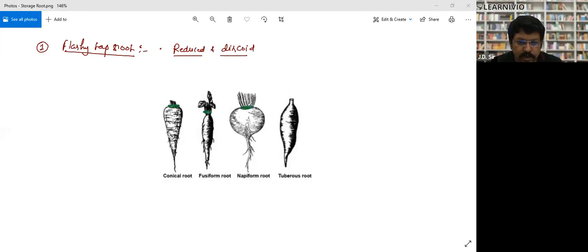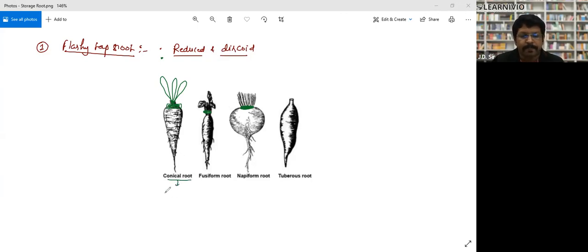Whenever you cut a turnip or a carrot, the small green part you slice off is the only stem, and the rest are leaves. So the stem is greatly reduced in all these roots where the root adopts the function of storage. Take a screenshot of the examples. On the basis of shape, we call them conical roots.